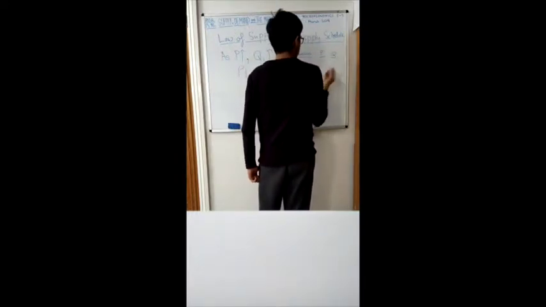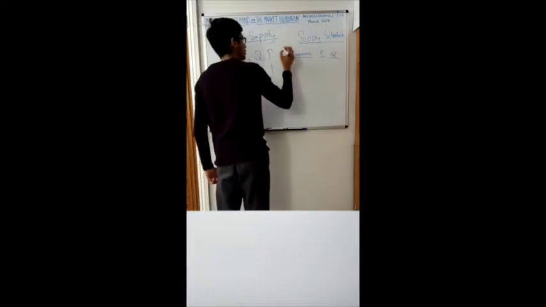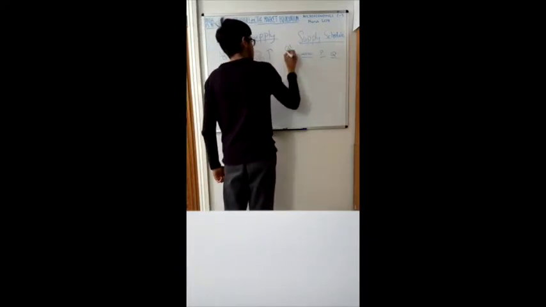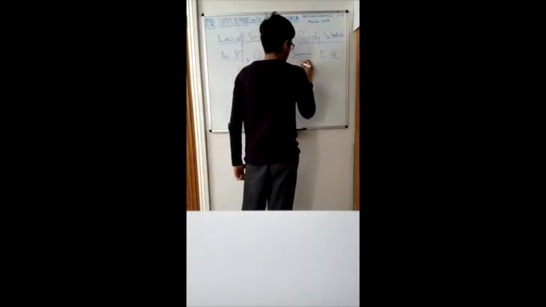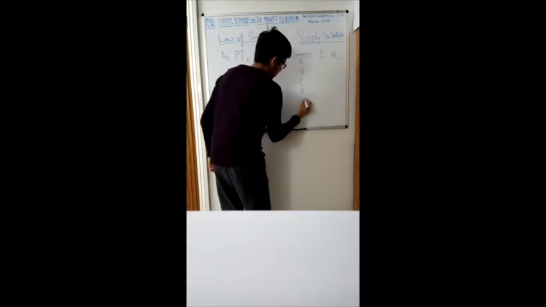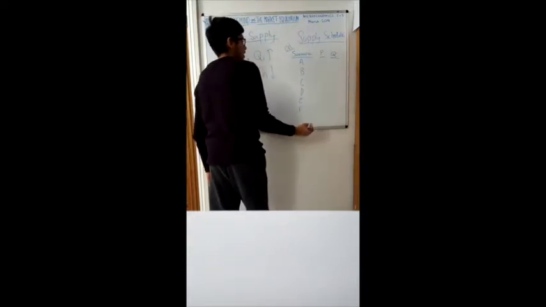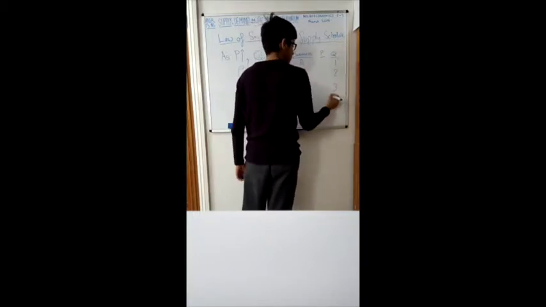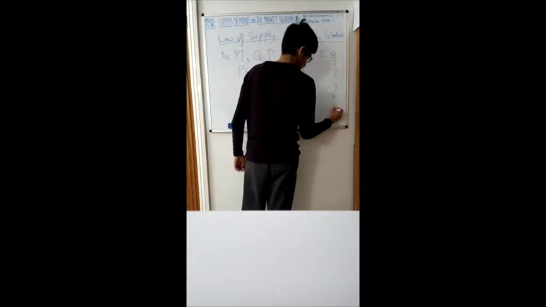So price, quantity, and we can look at the example of oil. Let's say oil production. Oil. So scenario A, B, C, D, E, and F. And say here you're willing to produce 1, 2, 3, 4, 5, 6.